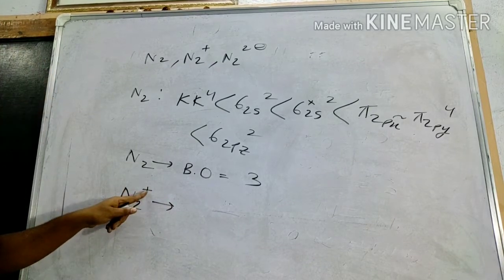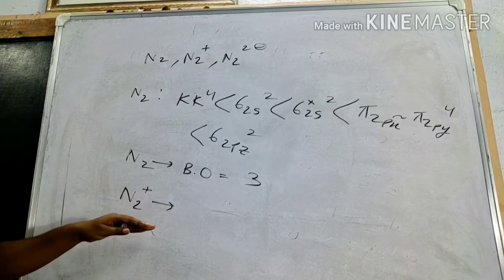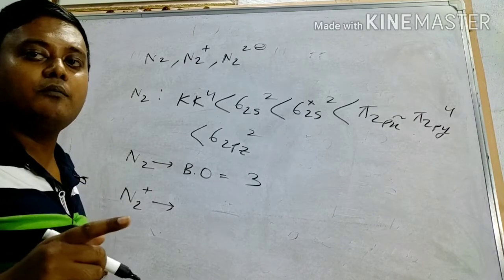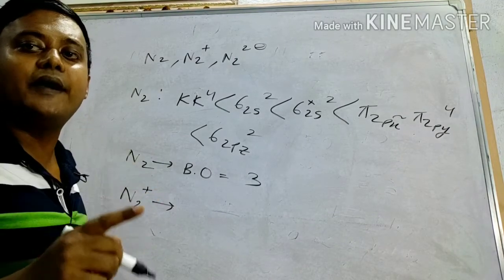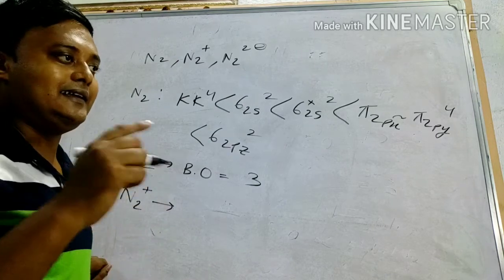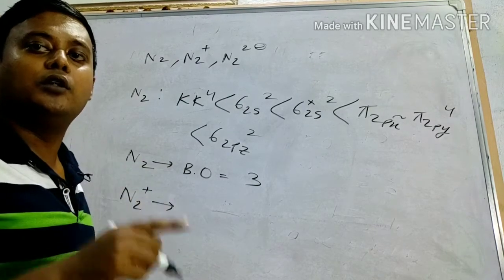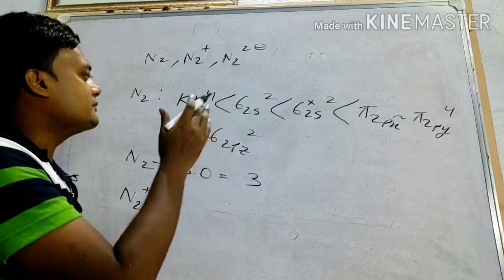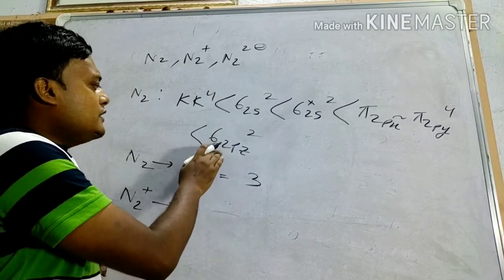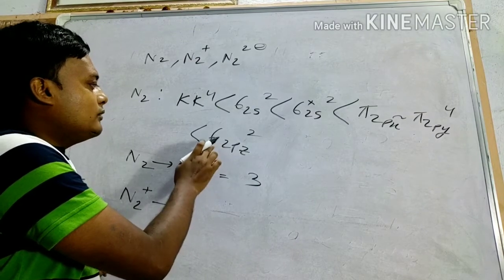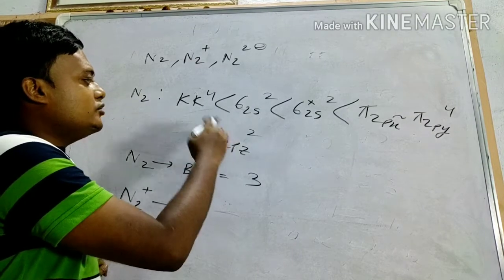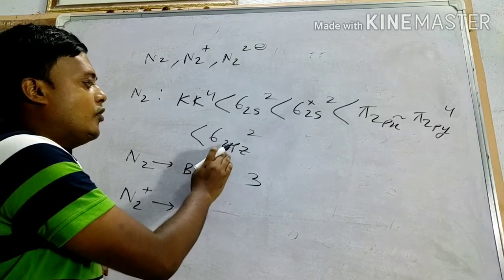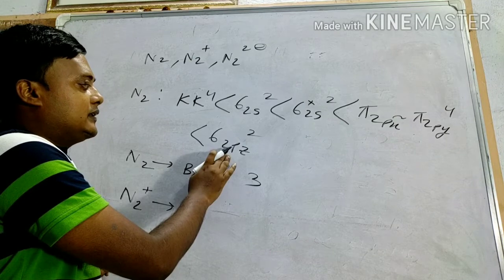N2 plus means 1 electron removed. Now remember two things. Electron is always removed from HOMO, highest occupied molecular orbital, and electron enters LUMO, lowest unoccupied molecular orbital. So in case of nitrogen, which energy level is HOMO? Sigma 2pz. Electron is released from sigma 2pz, because this one is HOMO, highest occupied molecular orbital.